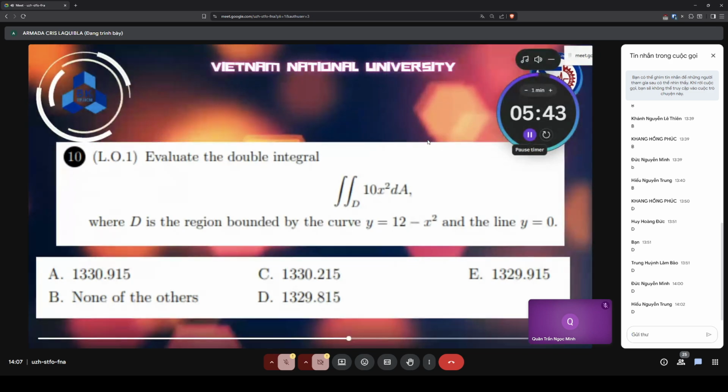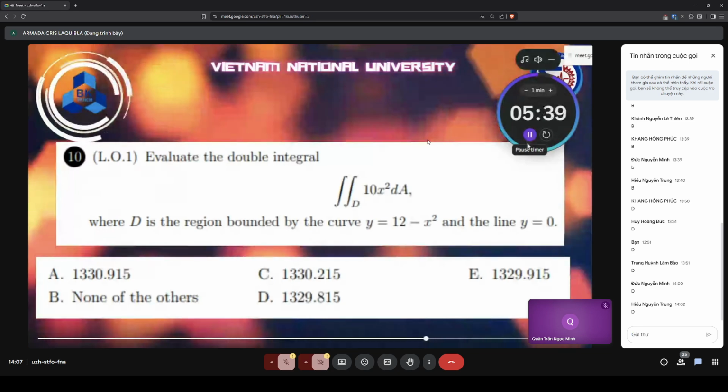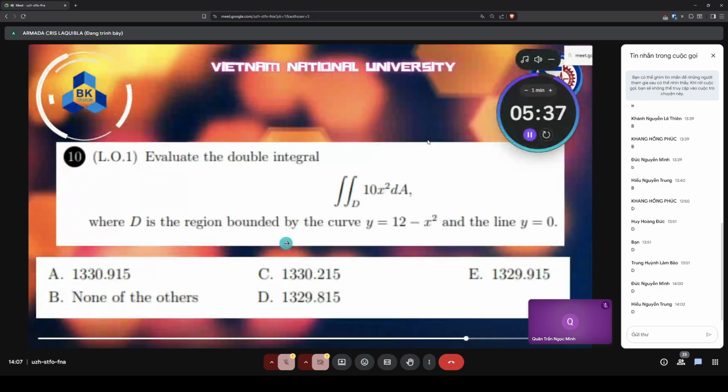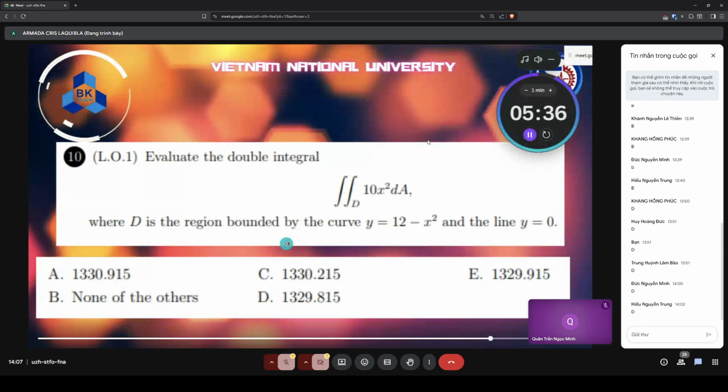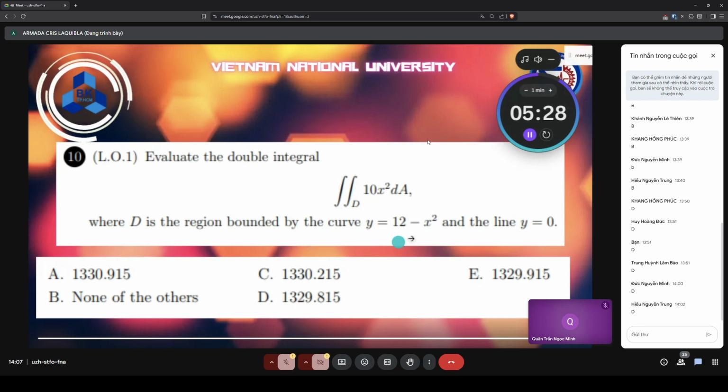Class, please use your pen and paper to answer the questions so that you can estimate the speed of your solving for this kind of problem. I guess some of you are not solving it and not writing your solutions.